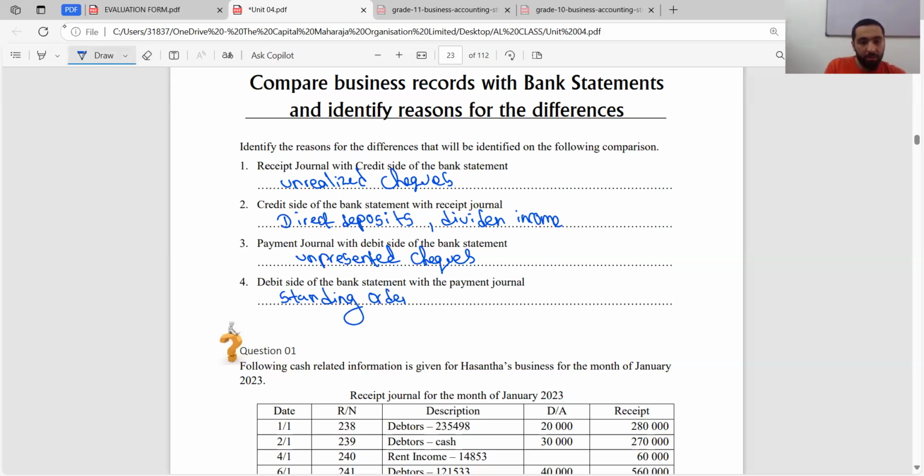Standing orders, bank charges. Right? Okay. So make sure you write this. This is dividend income. Right? So once you finish this, we can move on to the next question.